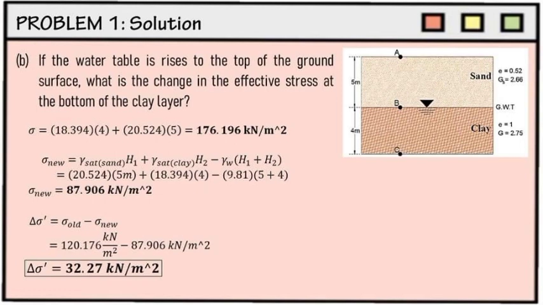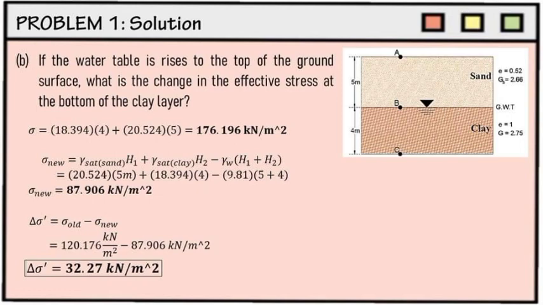So just substitute the given or the answers. 20.524 multiplied by 5 plus 18.394 multiplied by 4 minus 9.81 multiplied by 5 plus 4. So we can get 57.904 kilonewton per meter squared.